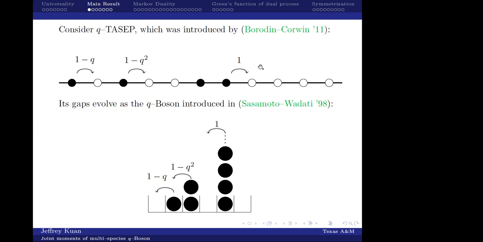I should also say, I'm only talking about step initial conditions where you get F2, but if you consider different initial conditions, you'll get different fluctuations.